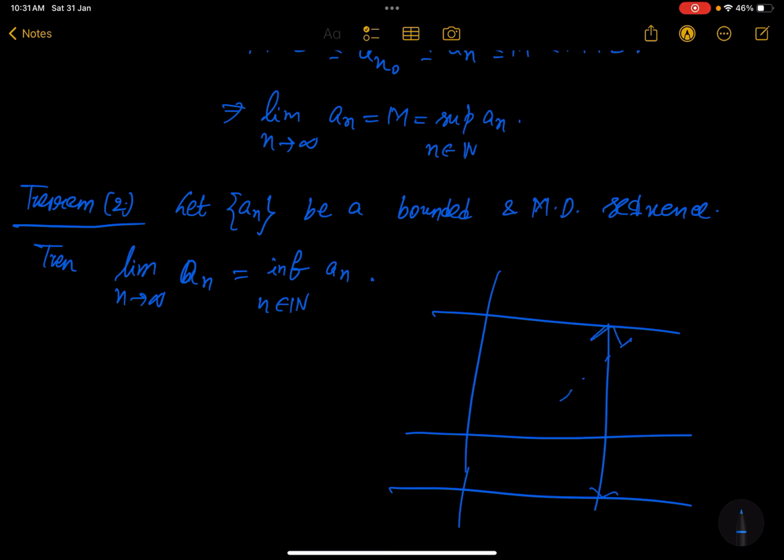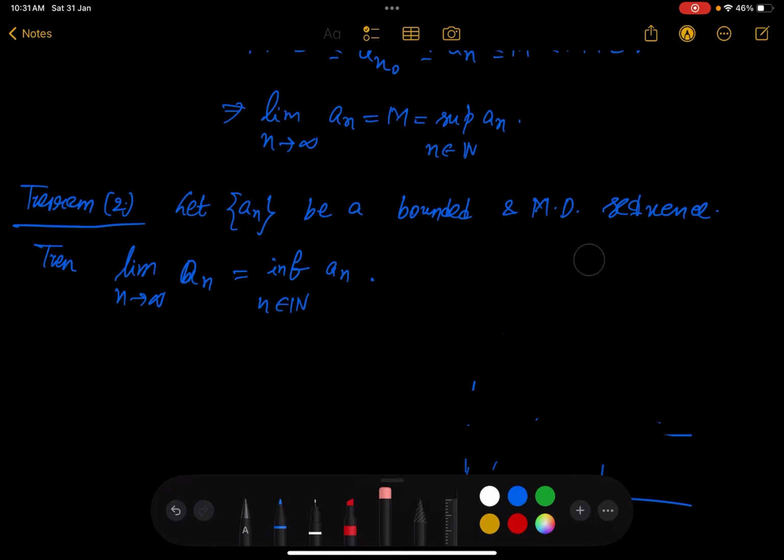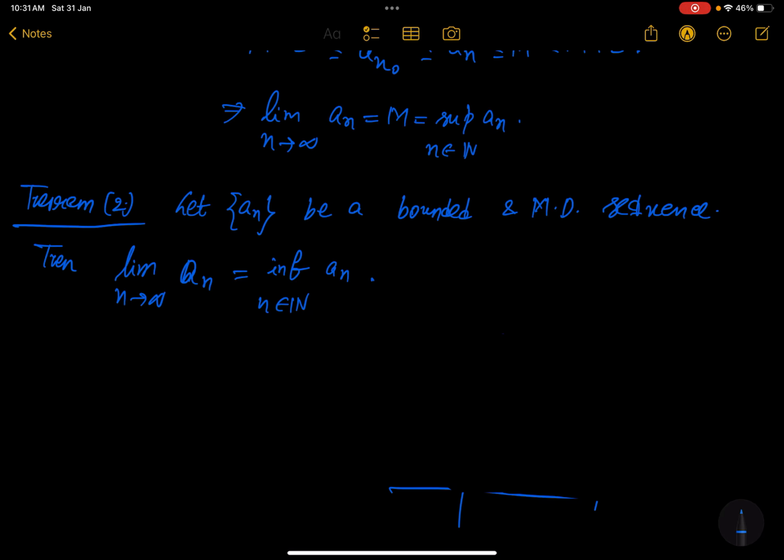It is monotonically decreasing. I mean, okay, no, sorry. You can think like this. Yeah, the picture should be like this. So suppose the picture is like this, the value is like this.